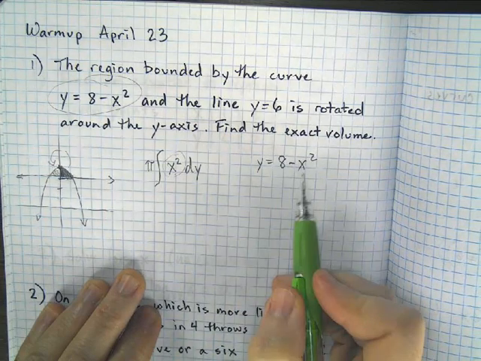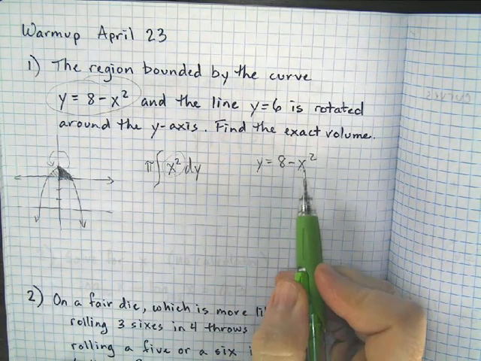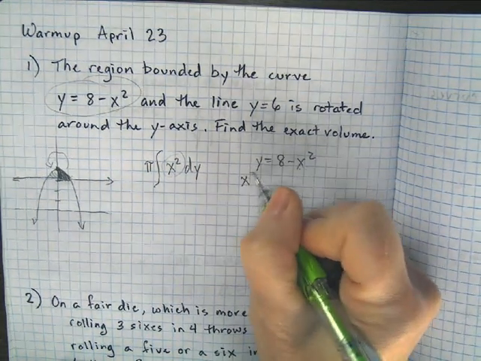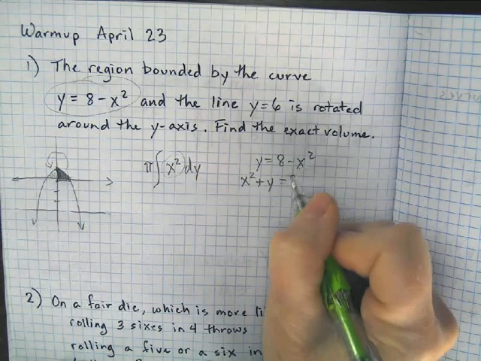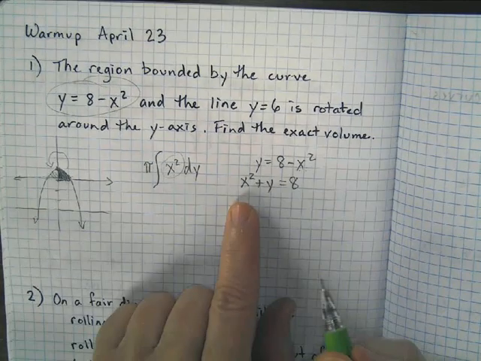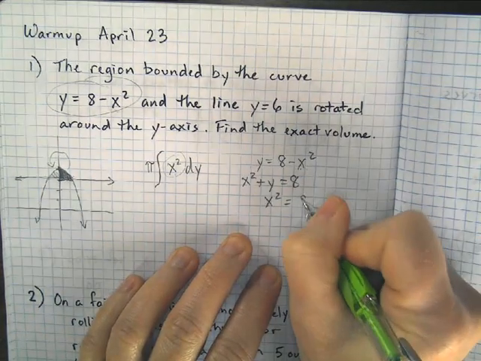I already have an x squared, so let's just get that x squared by itself. I'm going to add x squared to both sides of the equation to make it positive. So I have x squared plus y equals 8. Now I'm going to subtract the y to get x squared by itself. So 8 minus y.